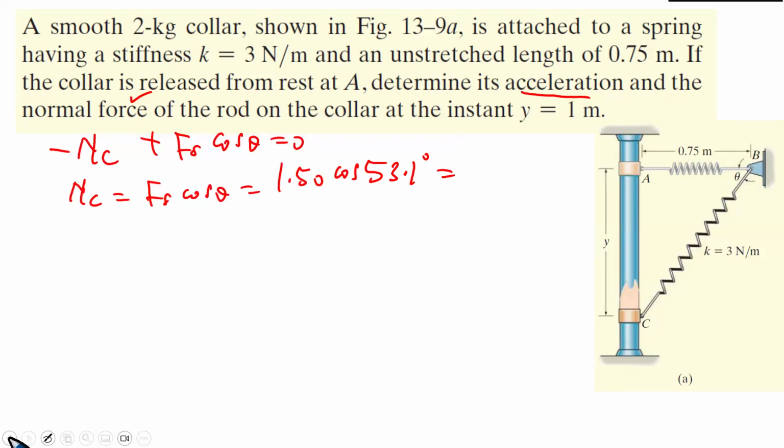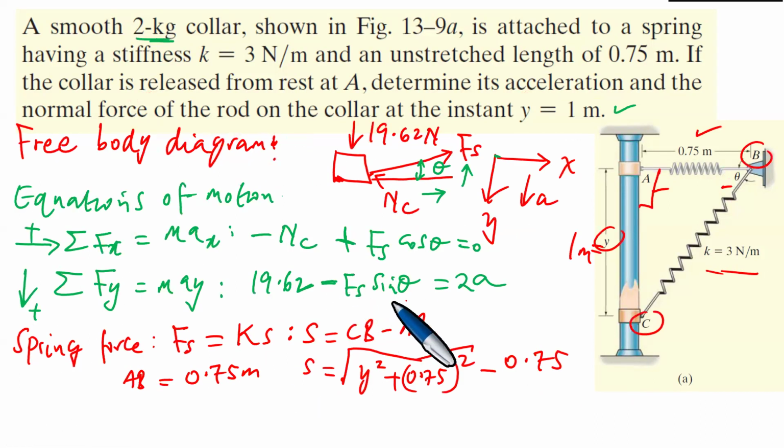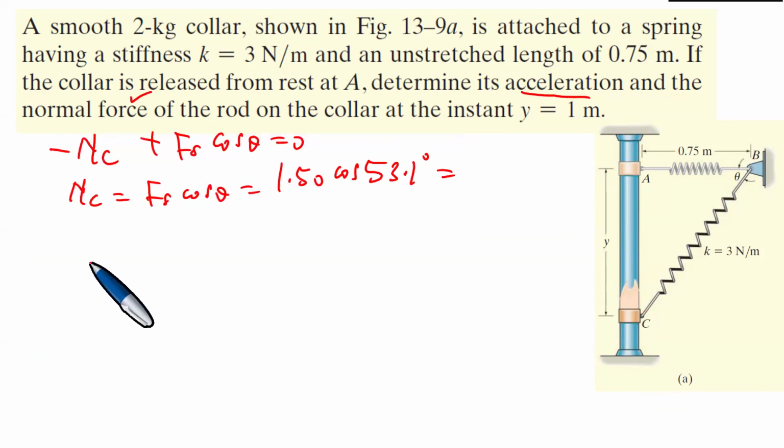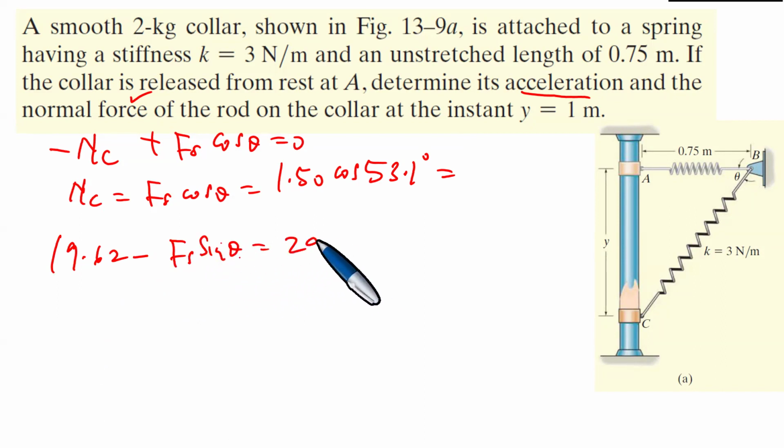So the acceleration is going to come from this equation, because this equation has acceleration. And then we're just going to put in the spring force. So in other words, we shall put the 19.62 minus Fs sine theta, which is 2a.